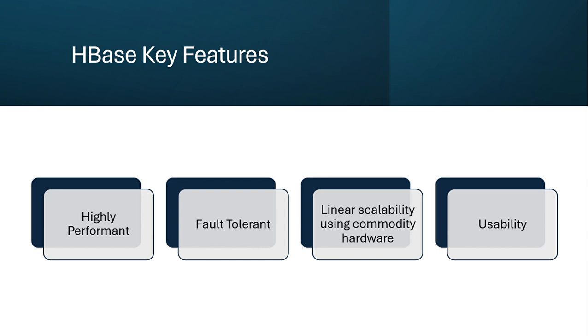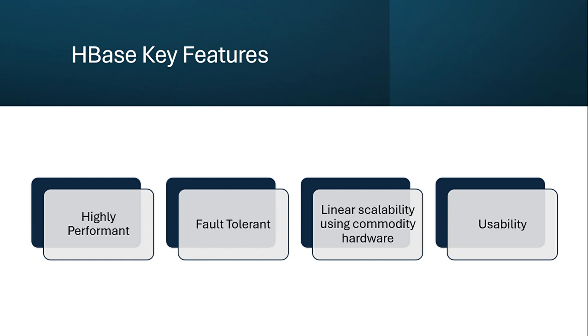And it also supports automatic sharding and load balancing. So we will see this in later sessions when we talk about region servers and how exactly it will do the load balancing. Next, it is linearly scalable, and you can scale it using commodity hardware.